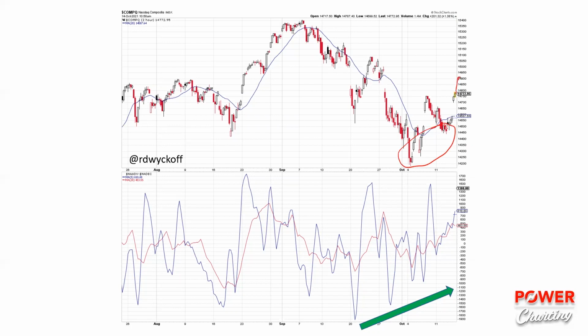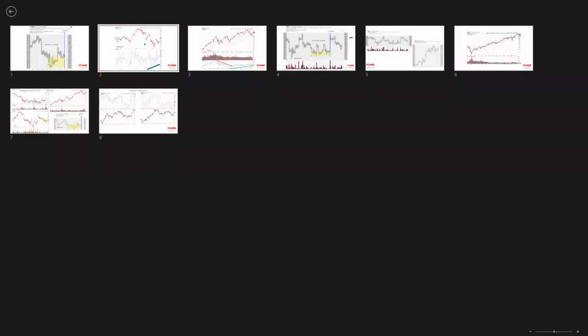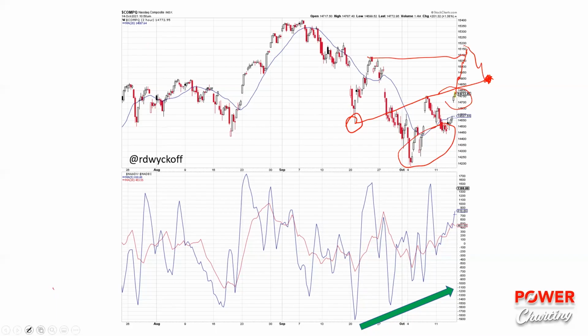If this rally phase can get up into this zone and potentially have some kind of a pause or pullback, there could be a larger count available to us out here in the future. So here we are, trading through this morning right here, and you can see where we are at this time.